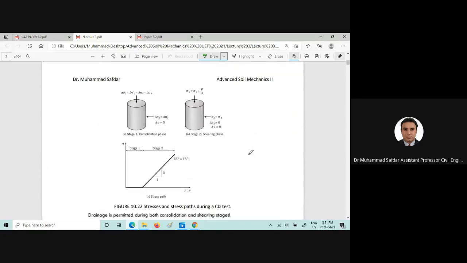So the basic concept shared here is that in stage 1, in schematic form, you can see that delta U is equal to 0, and you apply the confining stress, which means the all-around pressure.